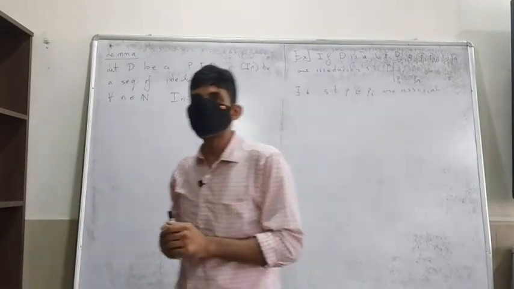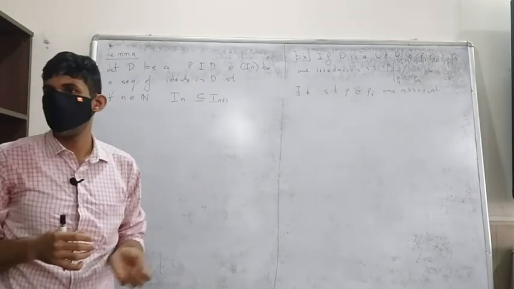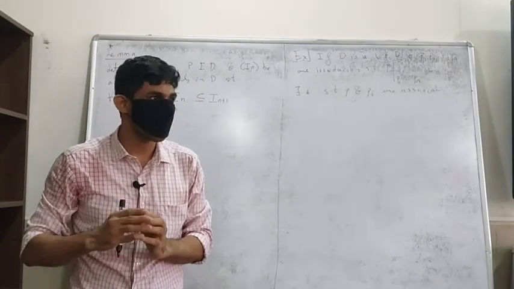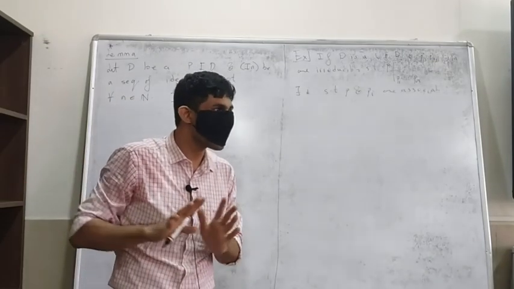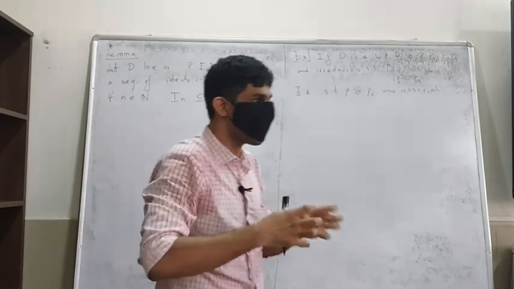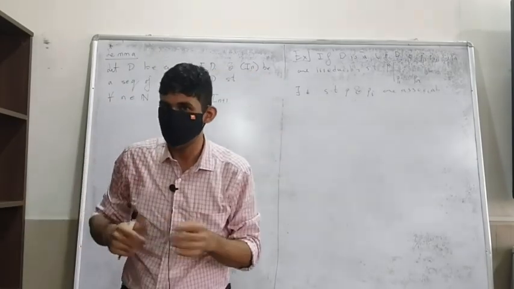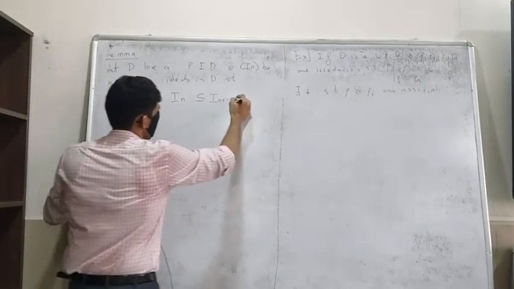So if you have an increasing sequence of ideals, what this tells you is that at some stage the sequence should be ultimately constant. Eventually all the ideals should be equal.